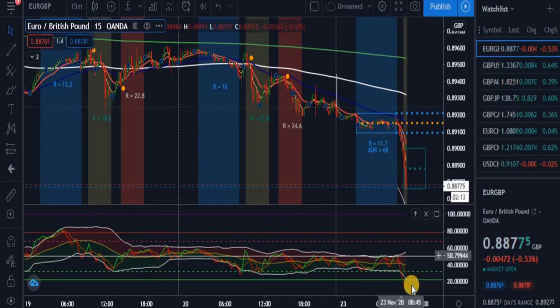Okay, so we have our TDI blown out, you understand. Price right now is at about 10, where extremely oversold starts from 22, but now we are at about 11 or 10 or so.